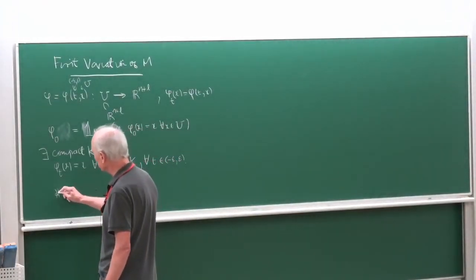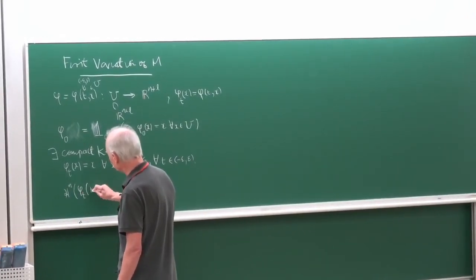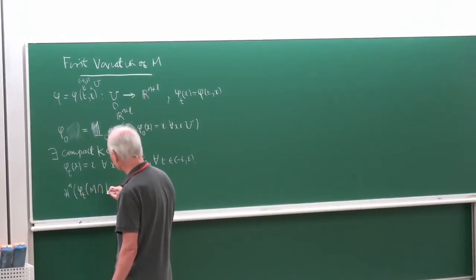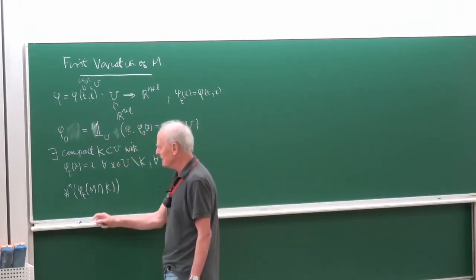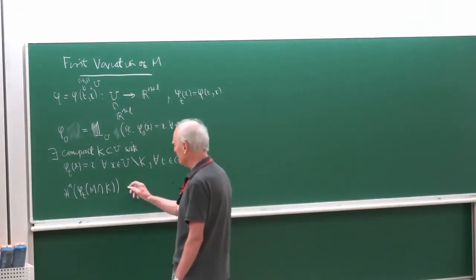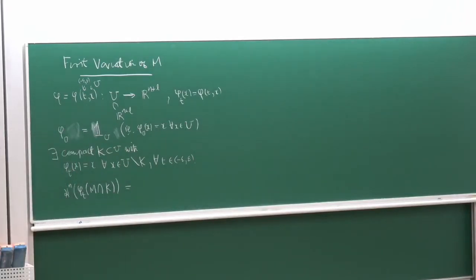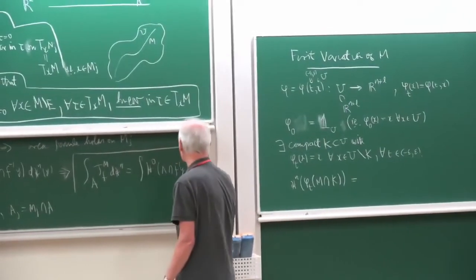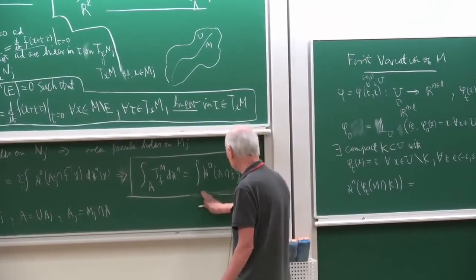So let's look at the measure of the image of M intersect K under this one-parameter family of maps. We're interested in the first variation of that, the rate of change of that. Remember, we've got the area formula to work with.